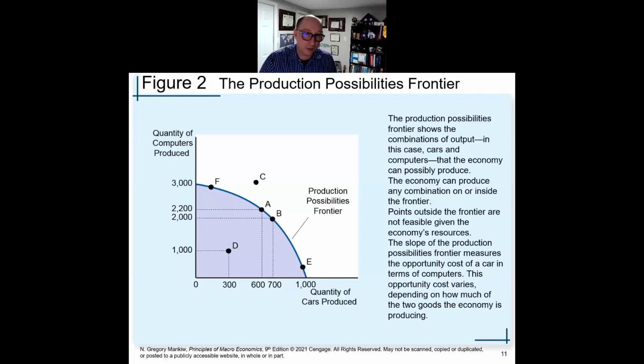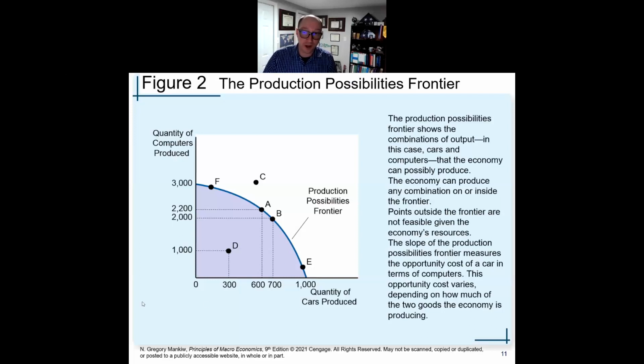Point E, they could produce 1,000 cars and 500 computers. Yeah, definitely. And then point F, they can produce 3,000 computers and about 100 cars. If you look at this graph, we can see where the optimal levels of production are, probably between points A and B.